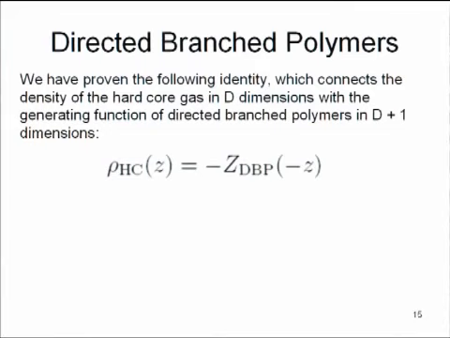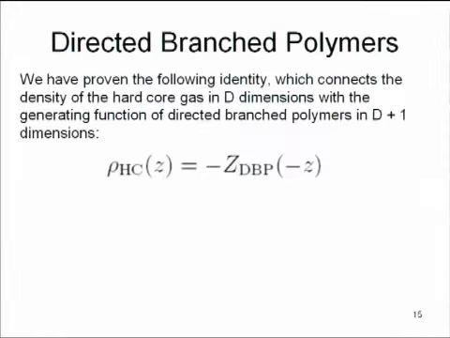Let's say you were interested in Z_dBP at a positive value of the argument z of the generating function, then that would correspond to a negative activity in the hardcore gas, which is an unphysical activity. It means it's not a probability measure.